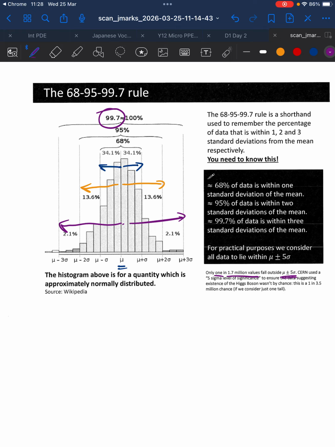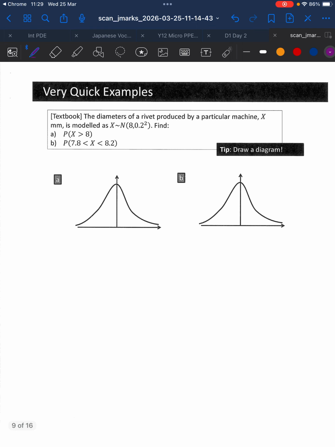So if somebody's walking around, for example, saying that they have an IQ, let's say, of 200 or something, well, if we say that the mean is 100 and the standard deviation is 15, that would be 100, 115, 130, 145. This would really be pretty hard to believe, okay? So the vast majority of data is within a couple of standard deviations.